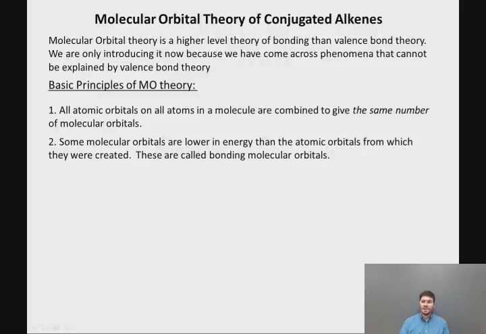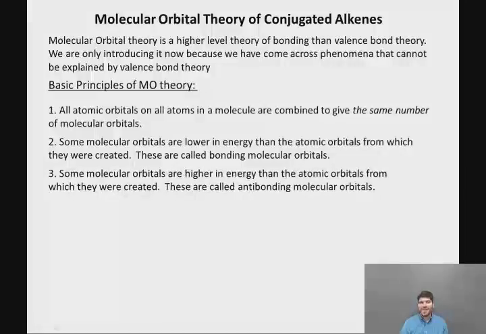Okay, so when you get these molecular orbitals out of the atomic orbitals, some of the molecular orbitals are lower in energy than the atomic orbitals from which they were created. And these are called bonding molecular orbitals because the formation of a chemical bond is an energetically favorable process.